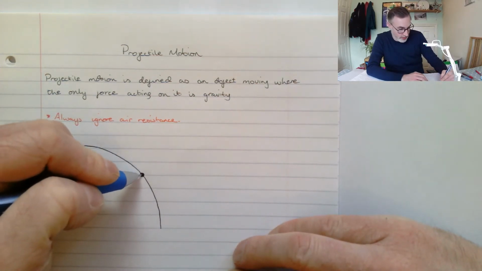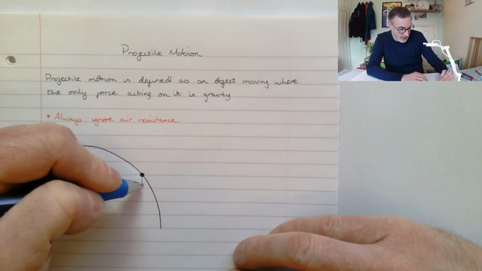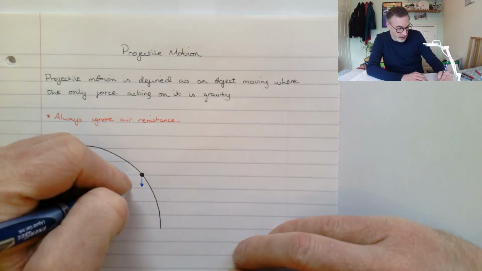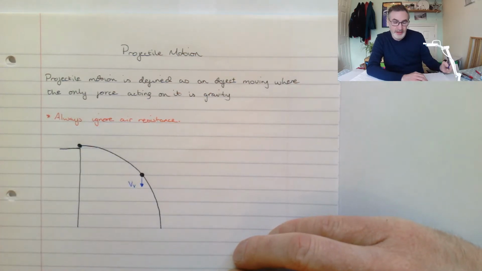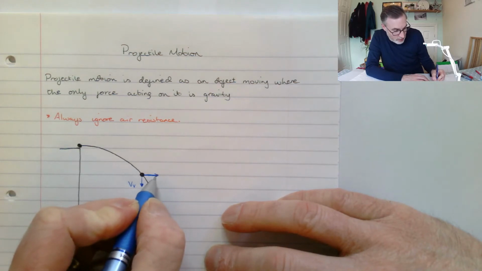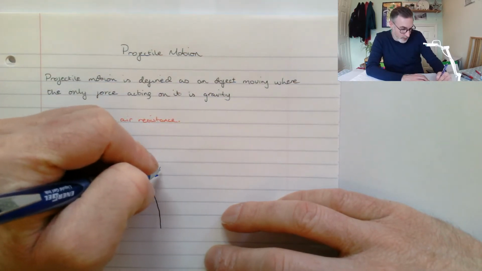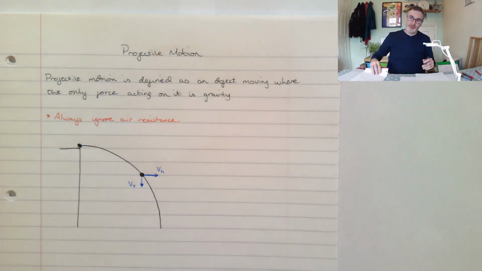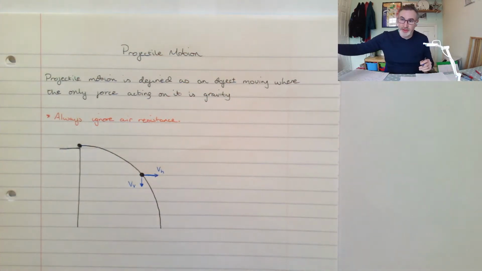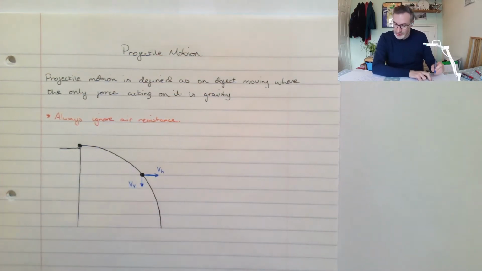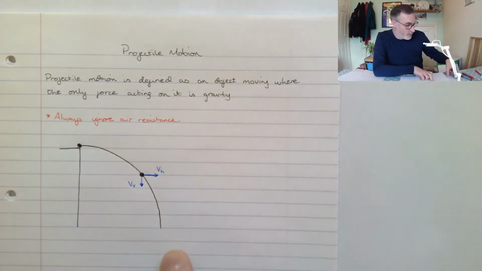But we could look at this and say, well, it has a vertical component of velocity, and we'll call that VV, and it will also have a horizontal component of velocity. We'll call that VH. And so in order to do this, we must split up the motion into these horizontal and vertical components.